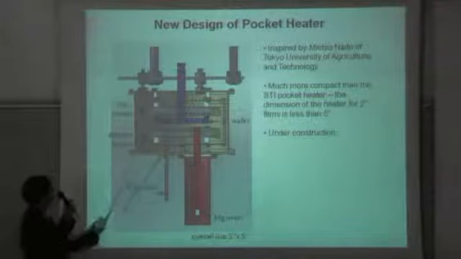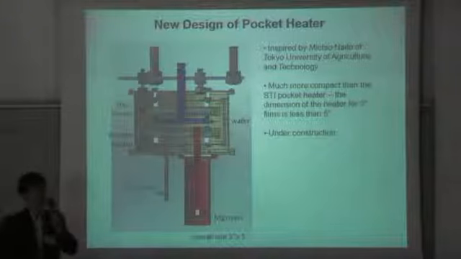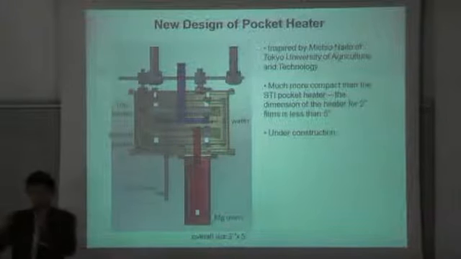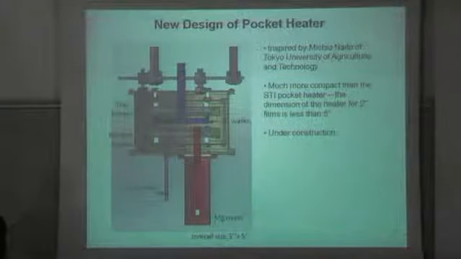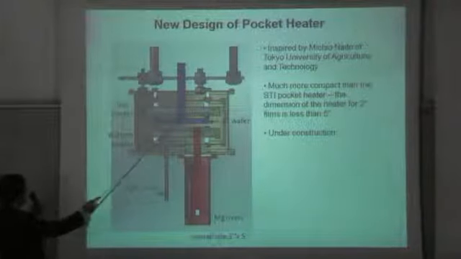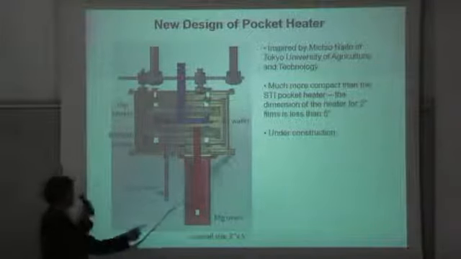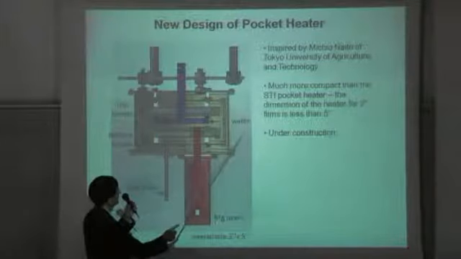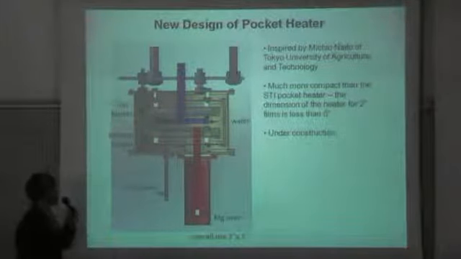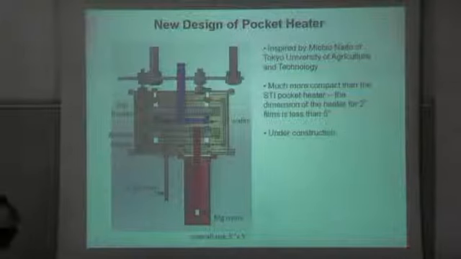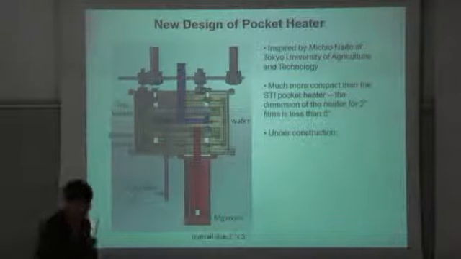So for 2-inch films, in the STI setup, you will need at least a 5-inch large heater. But this, we can just have a 3-inch heater for these 2-inch films. And so we already designed this, and the machine shop is right now making it. So we'll be trying this very, very soon.